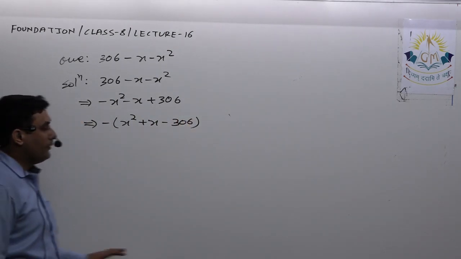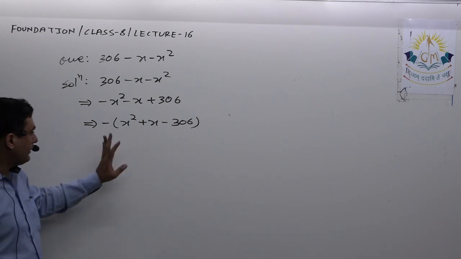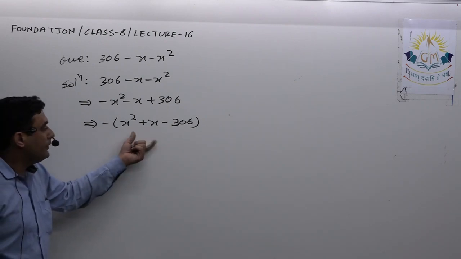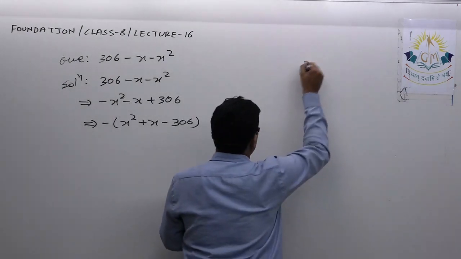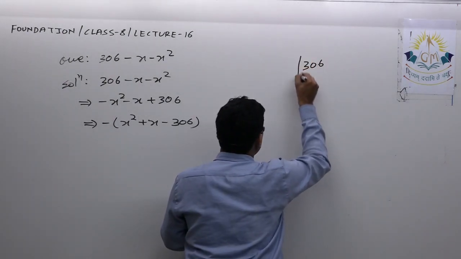Okay, now we have to find the factors of 306, and then we have to check which two groups give you 1x. So let us find the factors of 306.